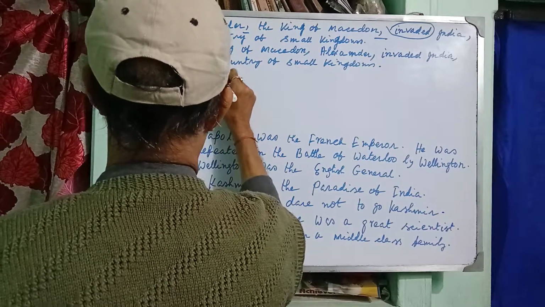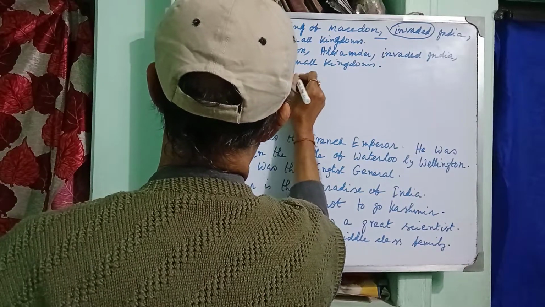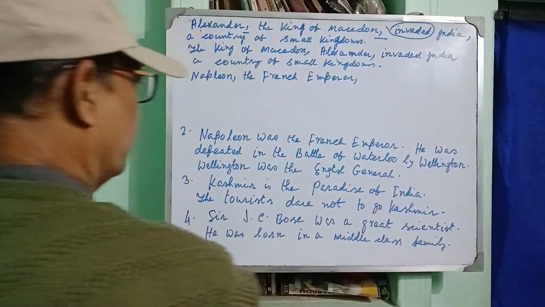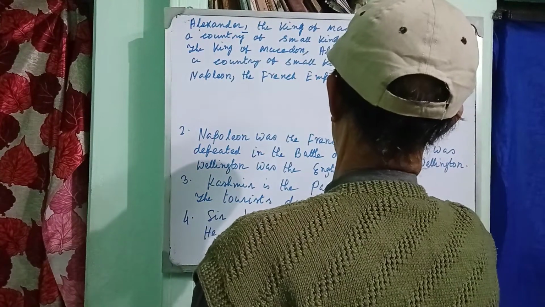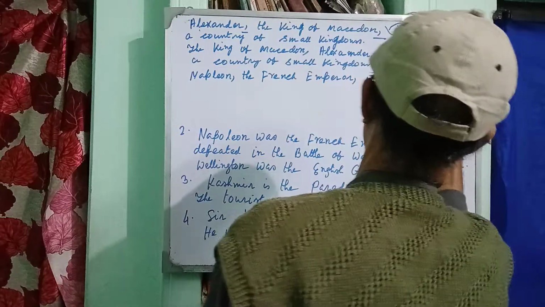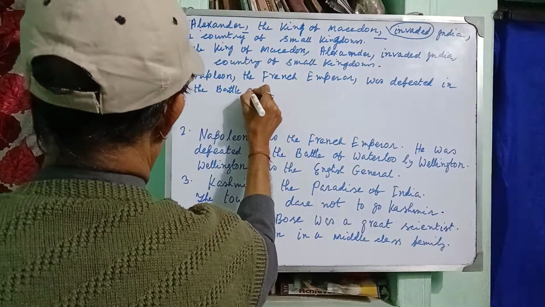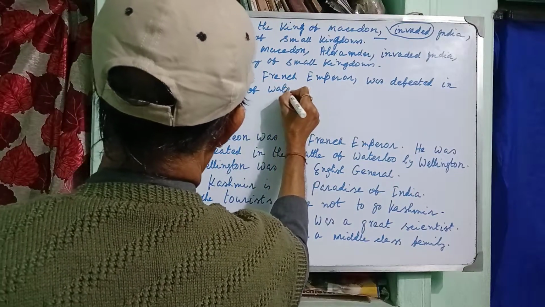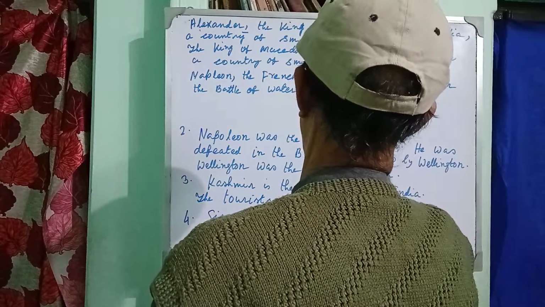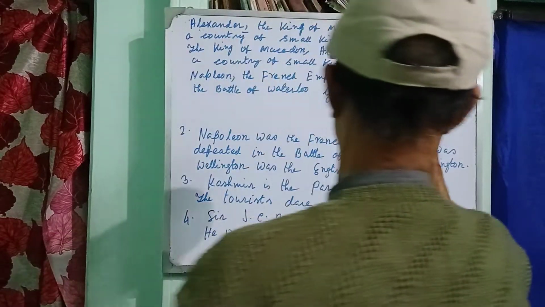Napoleon, the French emperor, comma, was defeated in the Battle of Waterloo by Wellington, the English general.